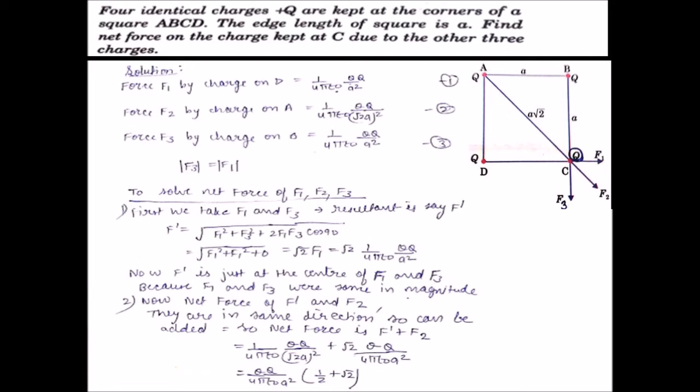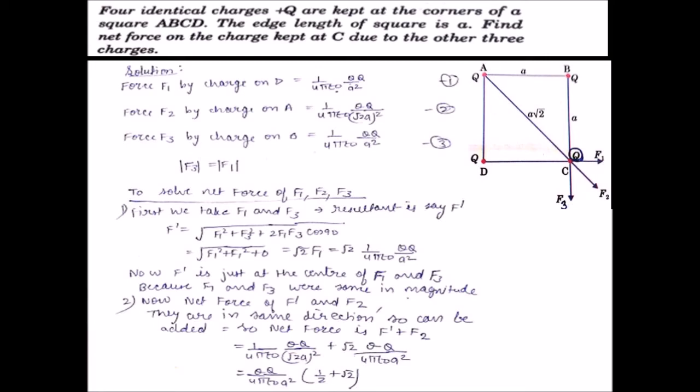F dash is given by the vector resultant formula, root of P squared plus Q squared plus 2PQ cos theta. So it becomes root of F1 squared plus F3 squared plus 2 F1 F3 cos 90. Cos 90 is 0 and F3 and F1 are the same. So finally we get root 2 F1. We put the value of F1 from equation 1. This is the magnitude of F dash.